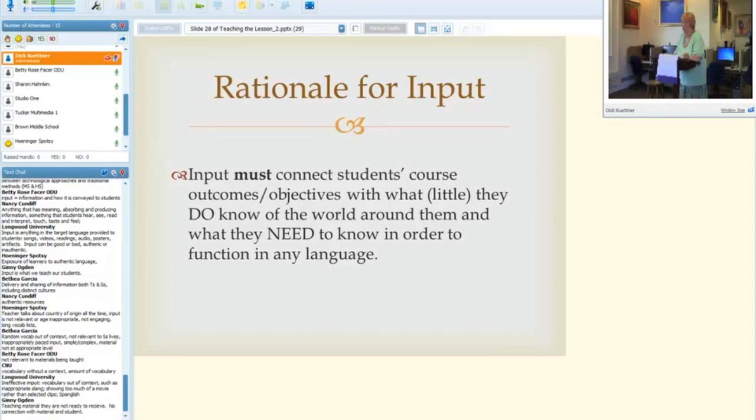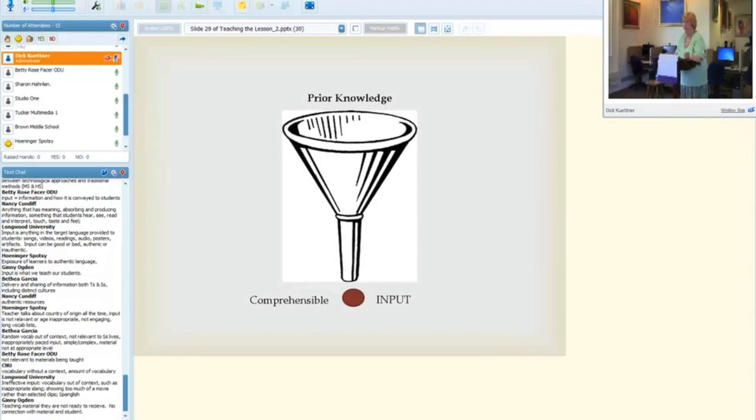What we need to do with our input is look at the new information, the new material we're going to give them, we're going to call that input. It has to be comprehensible, but it has to relate to what they already know, their background knowledge, their prior knowledge, which can be very broad when we're accessing that because we like to assume that they have broad background knowledge.